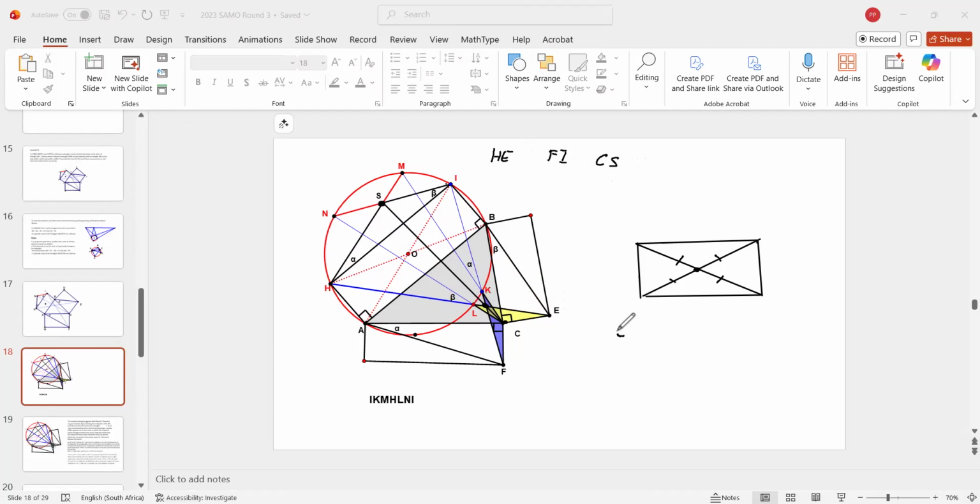So I got H, I got E, and I got L. Likewise, the other one is FI. Where does it cut the circle? It cuts the circle at this point here. We call that K.